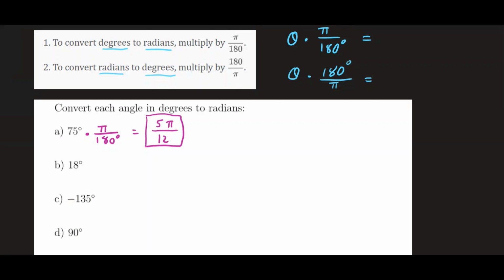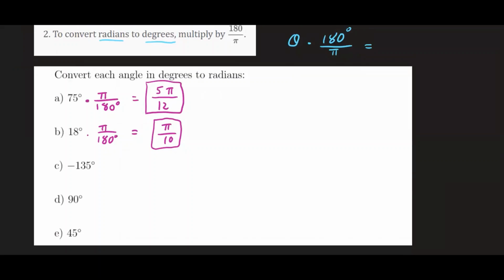Now let's do the following example, 18 degrees. So we take 18 degrees, multiply with pi over 180 degrees, and then by simplification, we get pi over 10. So that will be our radian measure for 18 degrees.